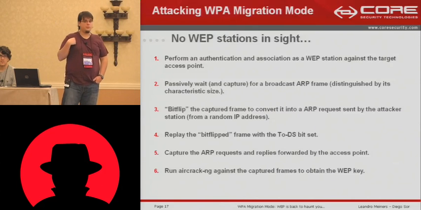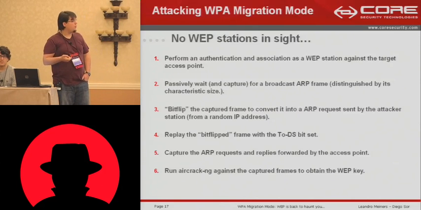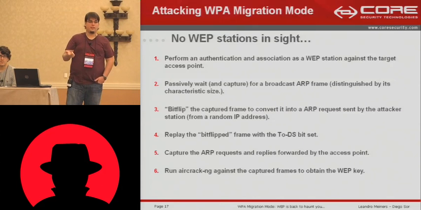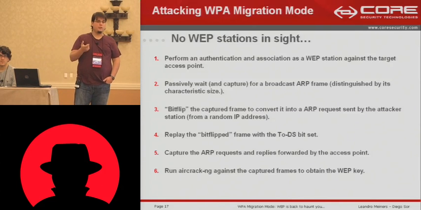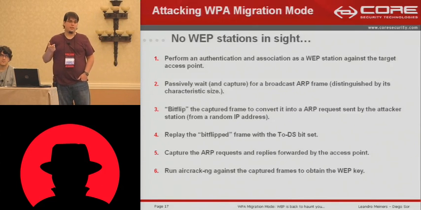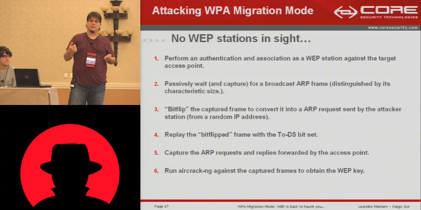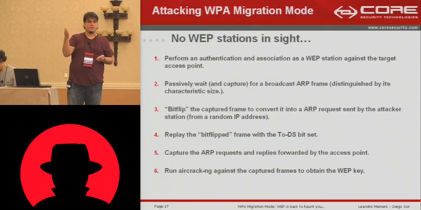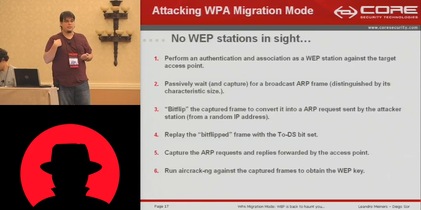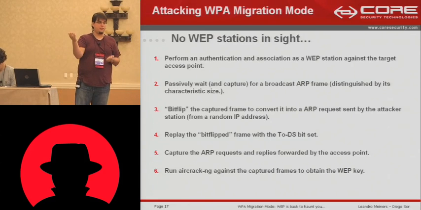Then we wait and capture a broadcast ARP frame, which will be WEP encrypted as it's a broadcast frame. We bit flip it using what Diego described earlier about message tampering, and we do this in an intelligent way so that the ARP frame becomes an ARP frame from our station, because we know who sent the ARP frame, and we know our MAC address, and we know the source MAC address of the sender.